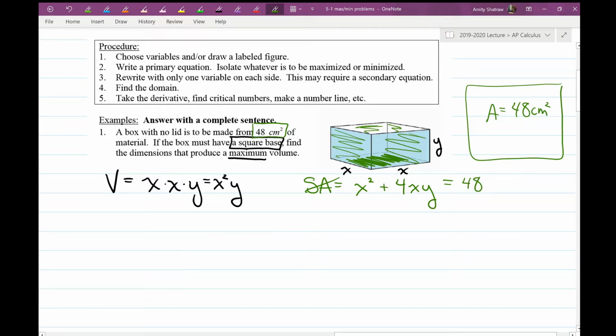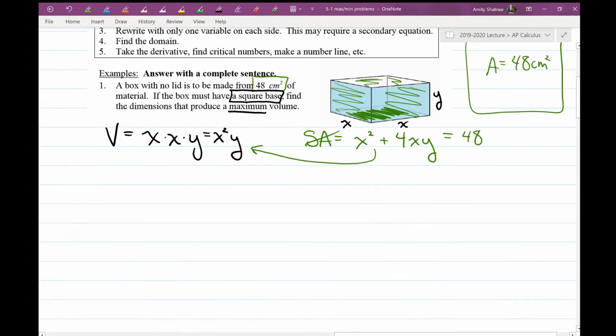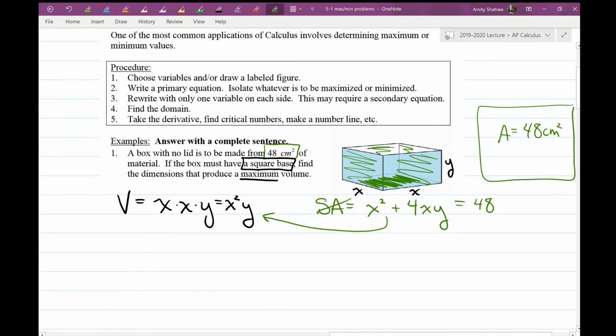Now I'm going to take this information in green and move it into the volume formula so that I have fewer variables over there. I'm sure there's a way to simplify this problem. So what I've done here is step one and step two of the procedure.